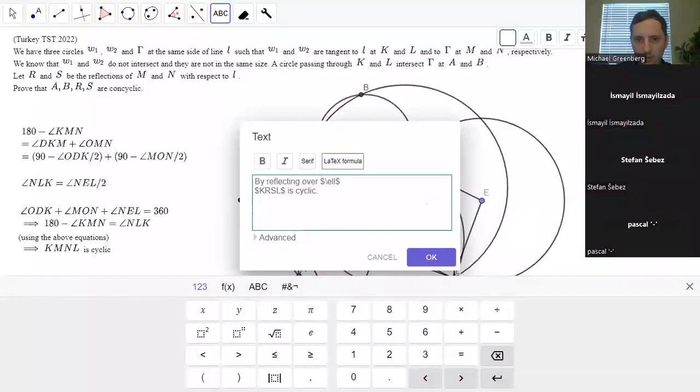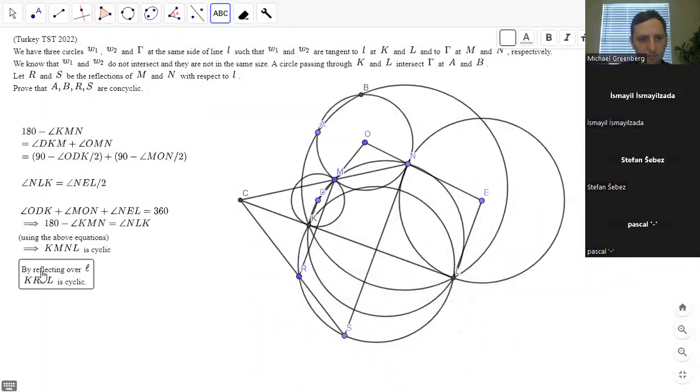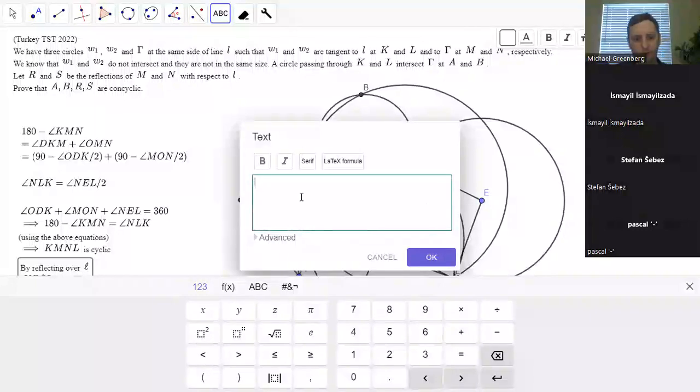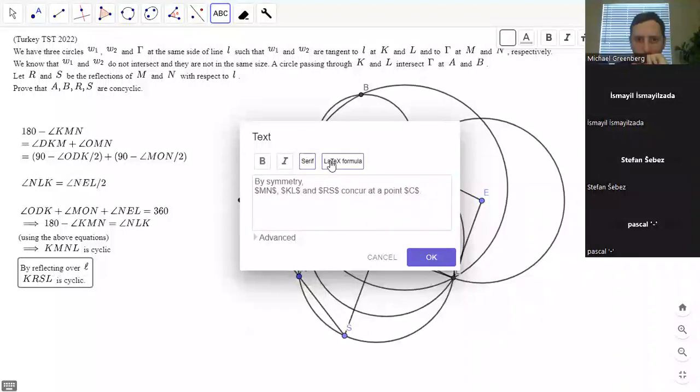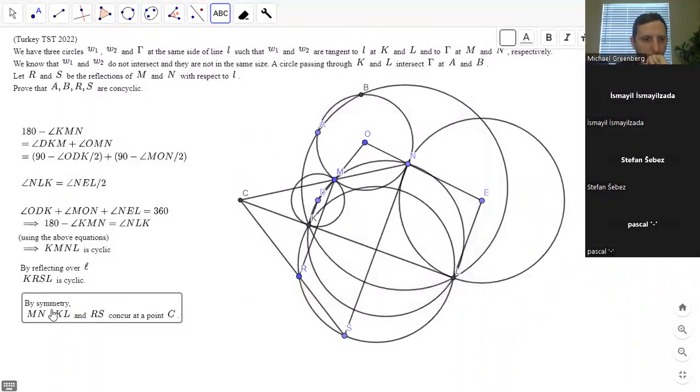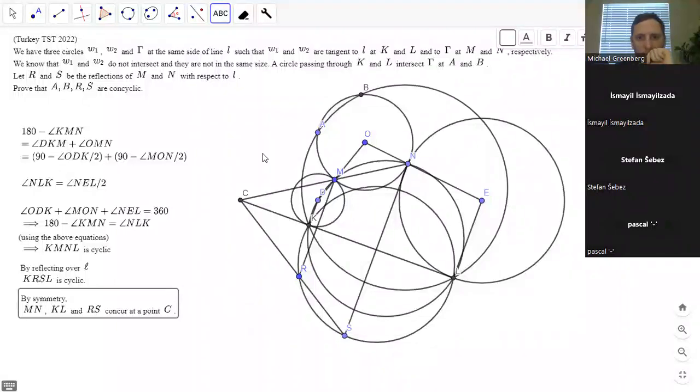And then by symmetry, MN, RS, and KL concur at point C. And by the radical axis theorem, AB, MN, and KL concur.